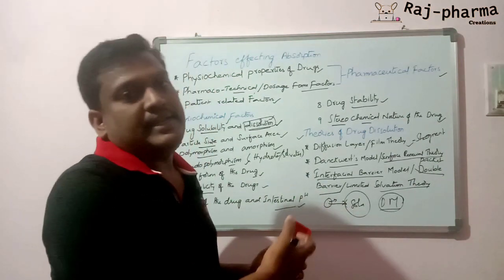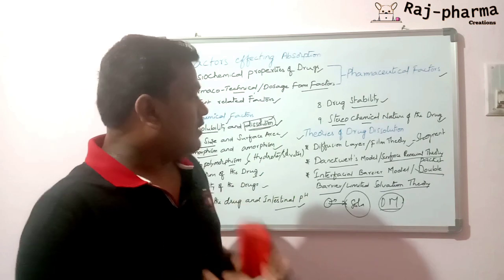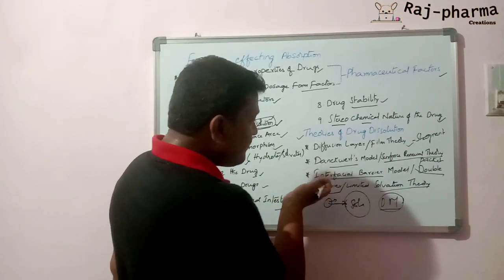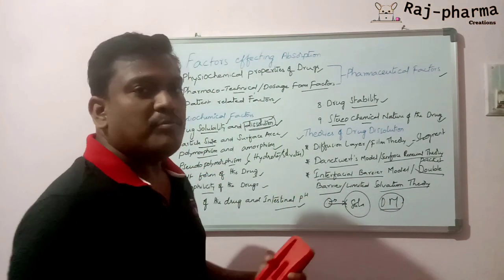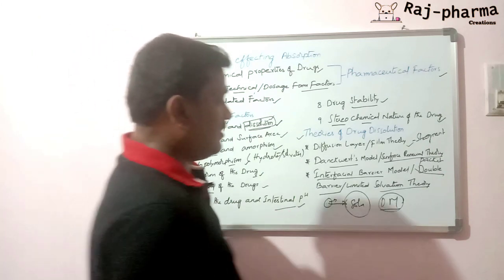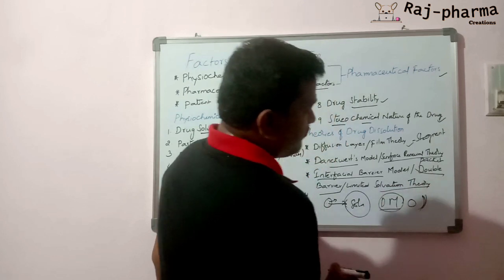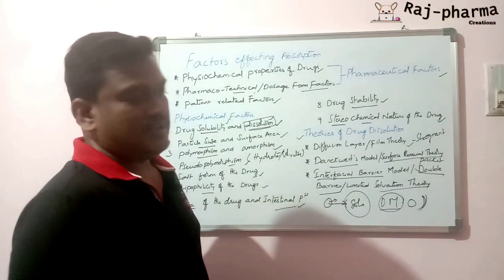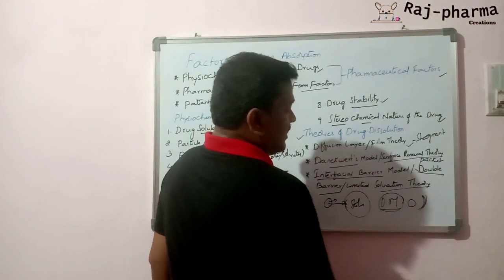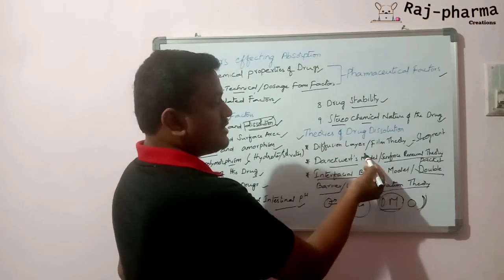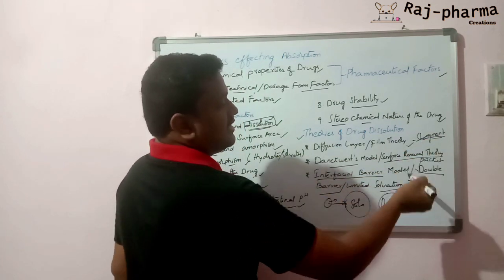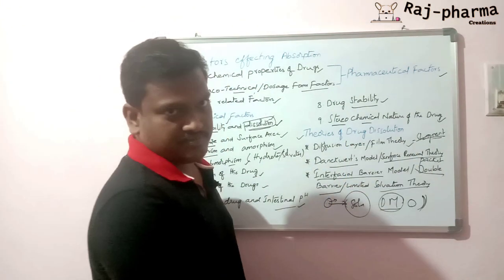In the interfacial barrier model, there is a formation of an intermediate stage, and from that the drug will be released. So this is the difference: in diffusion layer, a stagnant layer forms, and from the stagnant layer the drug will be released.